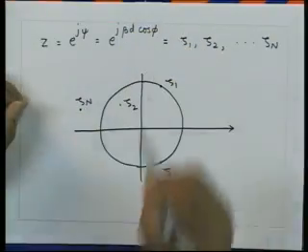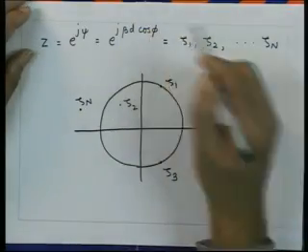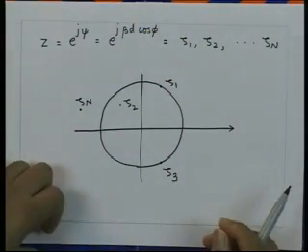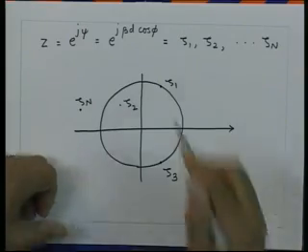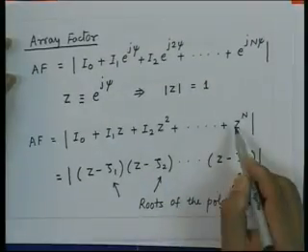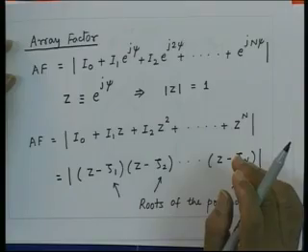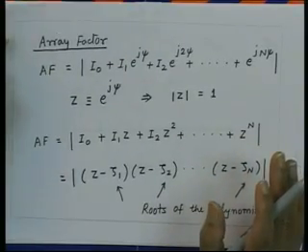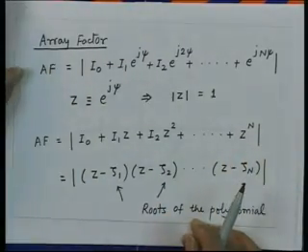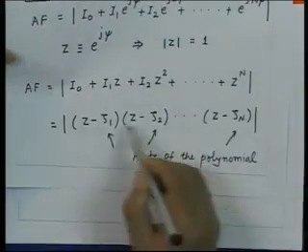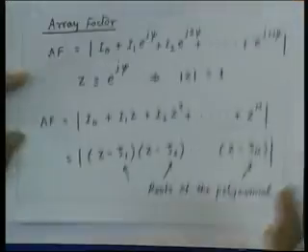If they do not lie on the unit circle, there will not be any corresponding value of phi which will give me the null in the physical space. So, though we have a polynomial of degree n, we will always have nulls which are less than or equal to n. If all the roots lie on the unit circle, then all nulls might be visible. If some of them do not lie on the unit circle, then those nulls will not be visible in the physical space.